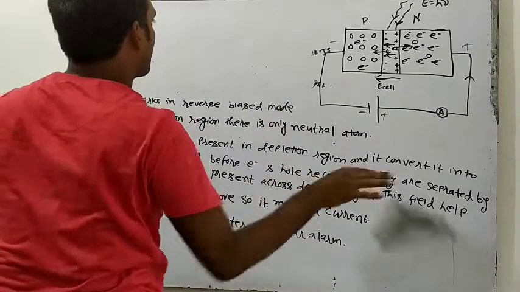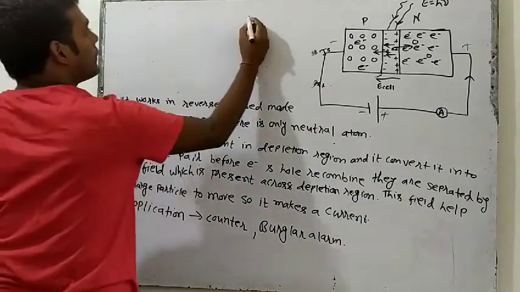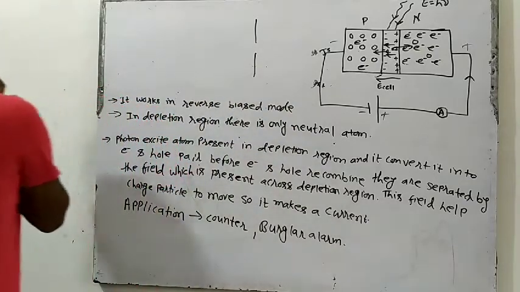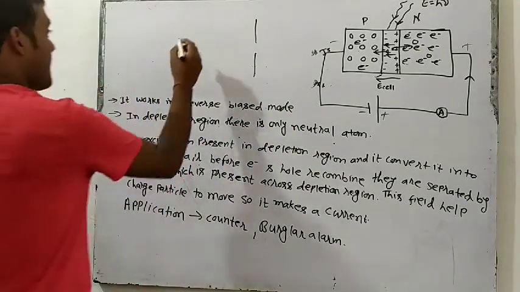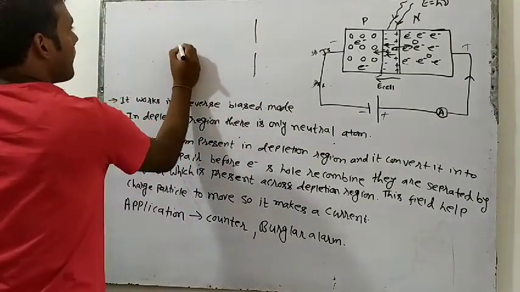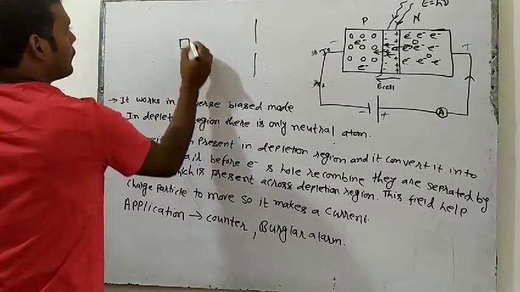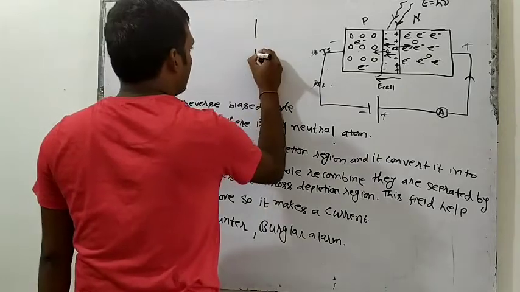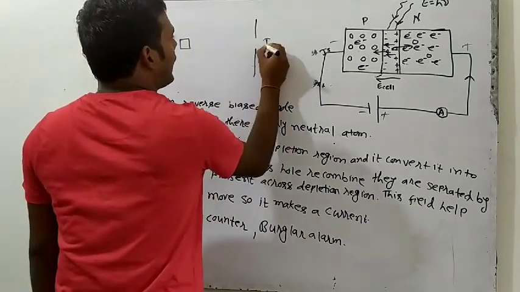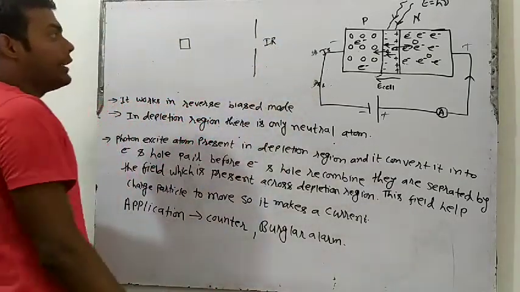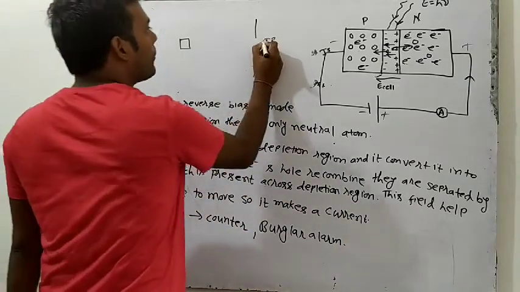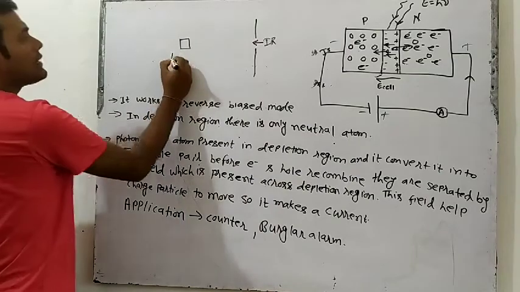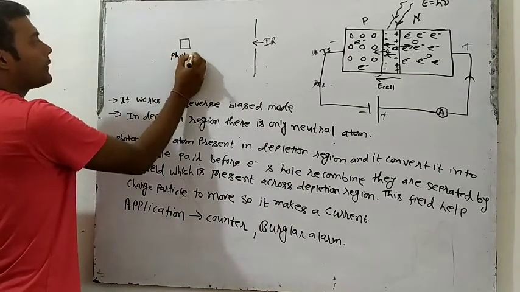Suppose here is a source of infrared, so from here infrared rays are coming, and here is, let's say, photodiode.